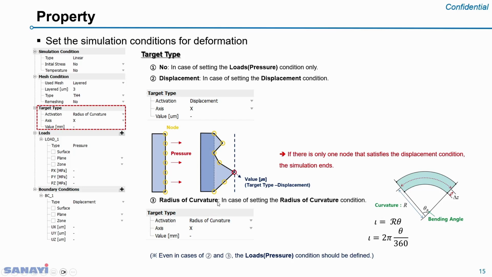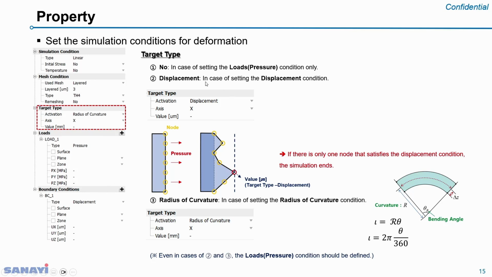When entering pressure conditions only, please select no. In this case, you can enter the pressure condition in the loads. Actually, even when displacement and radius of curvature are selected, the initial pressure condition should be defined unconditionally in the loads as well.